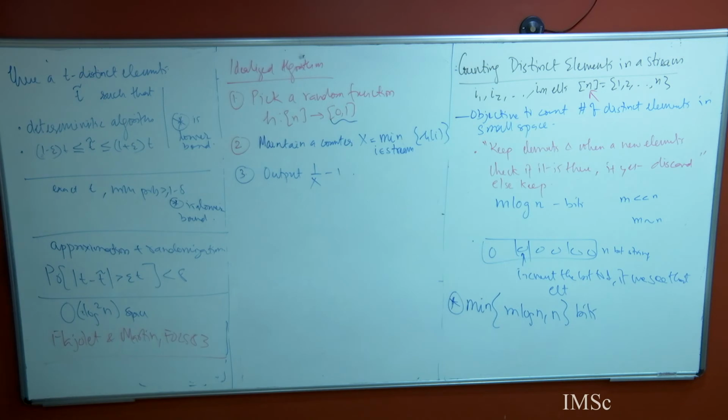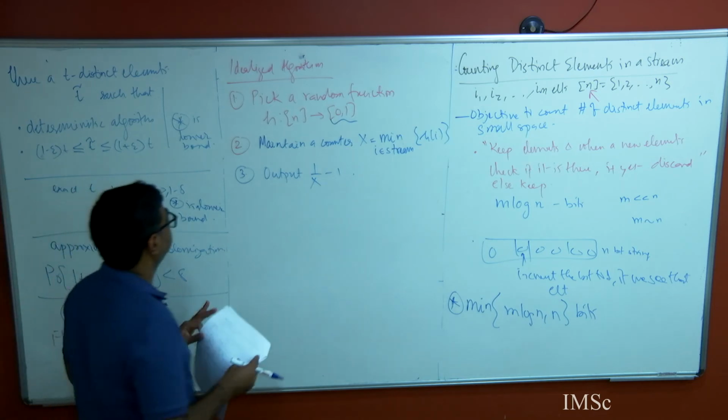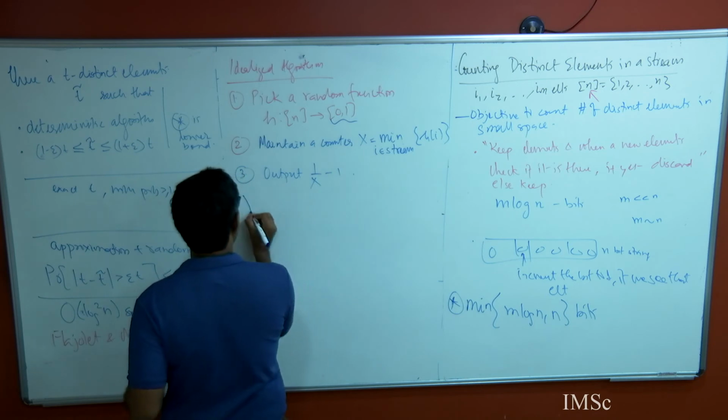How can I think of this h? When a number comes, right? How can I think of this? So what is my x?